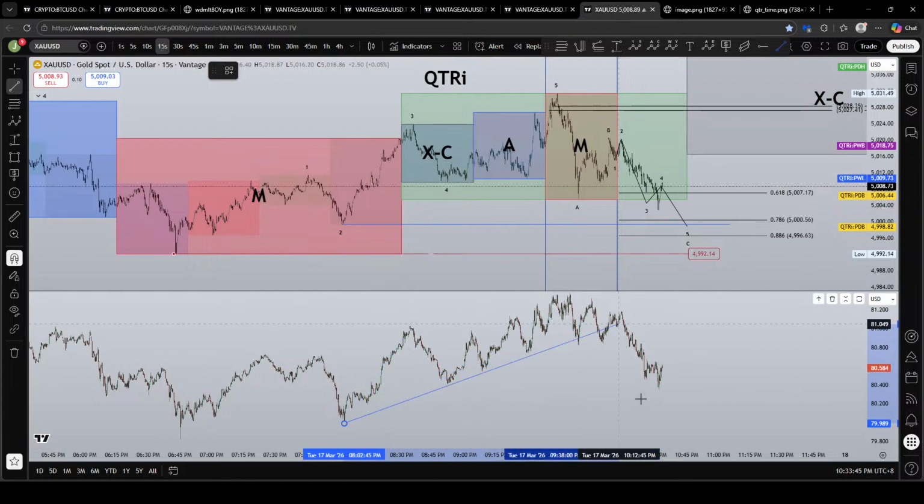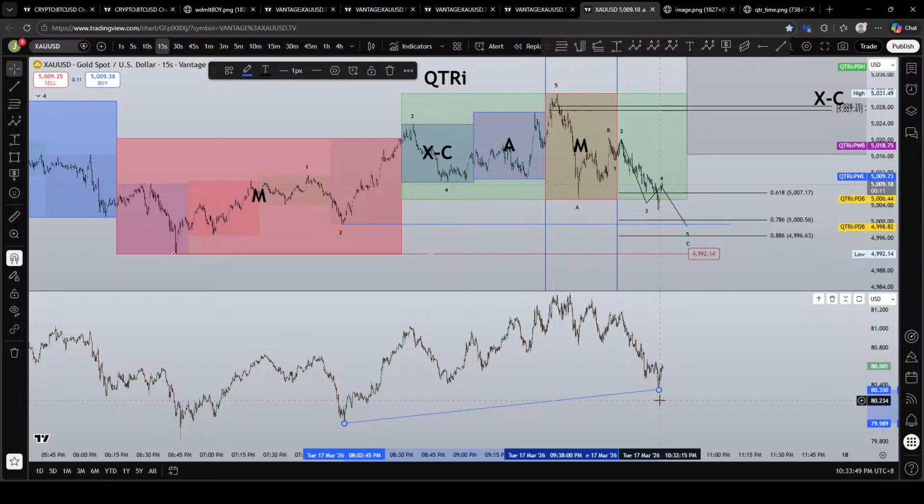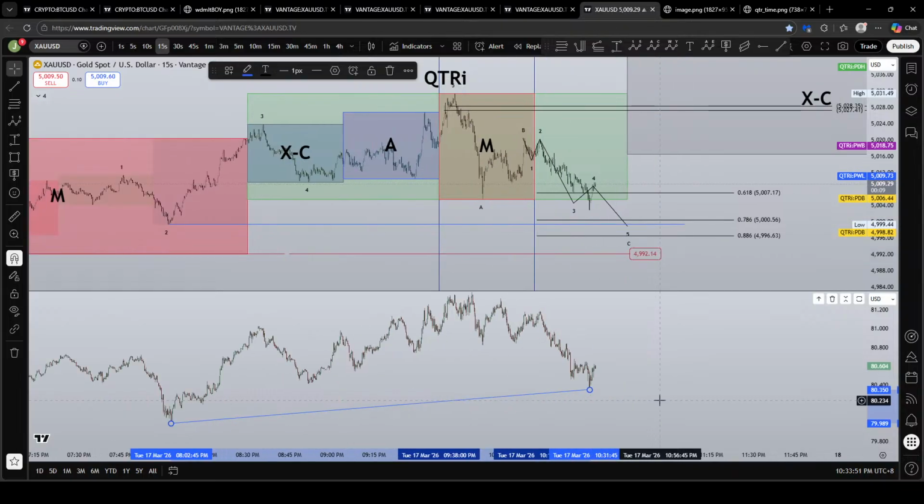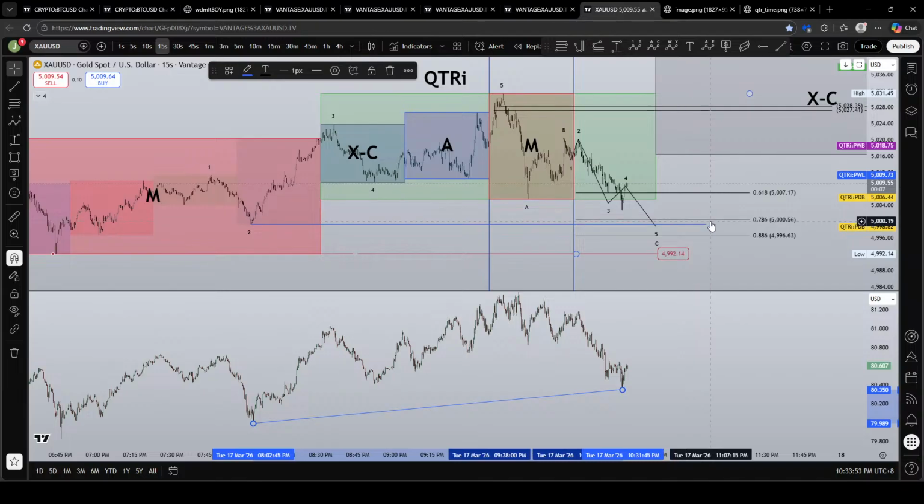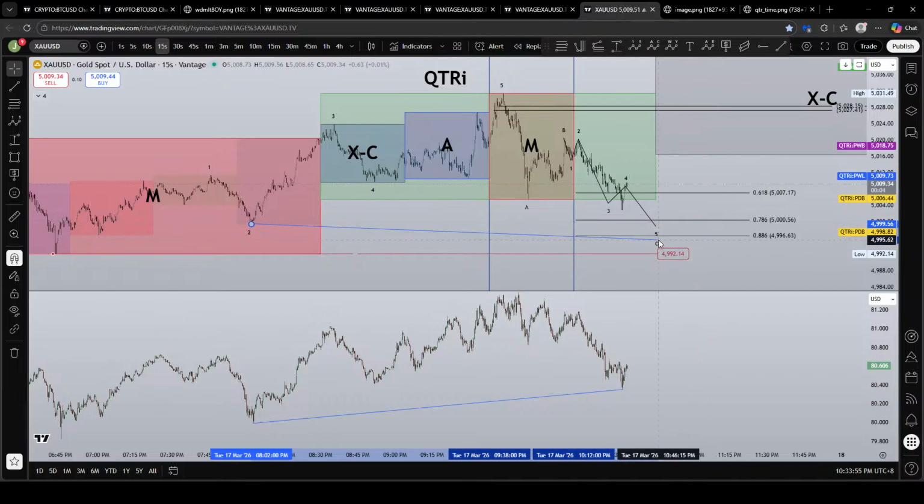And if the silver's price action is moving up while the gold is moving down, then this divergence can be considered as a regular SMT divergence.